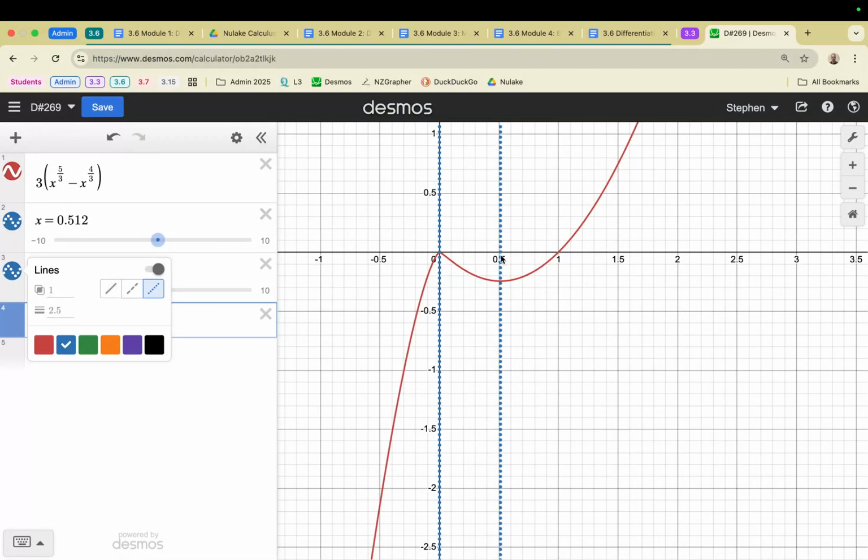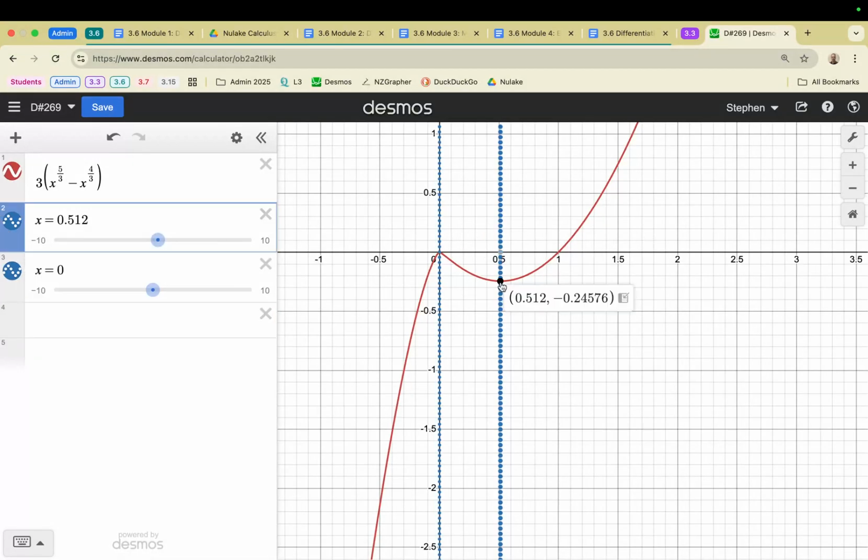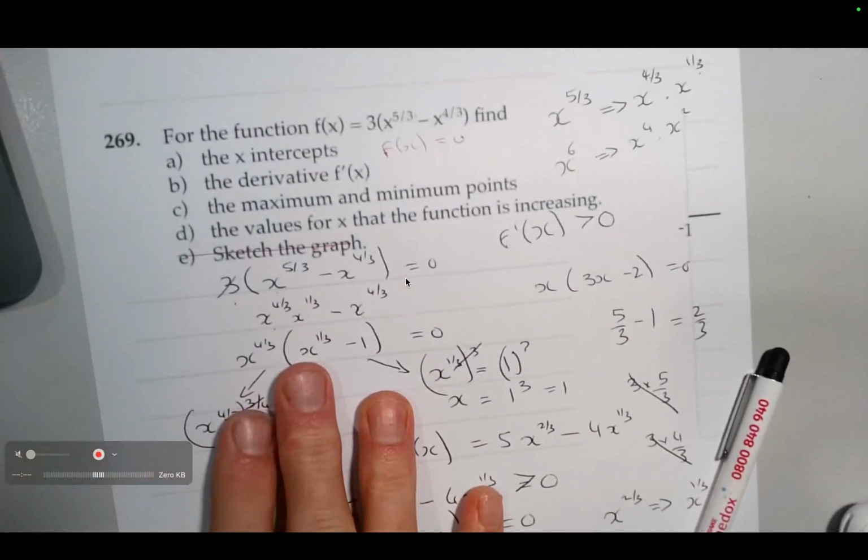In between 0 and 0.512, you've got a decreasing function.